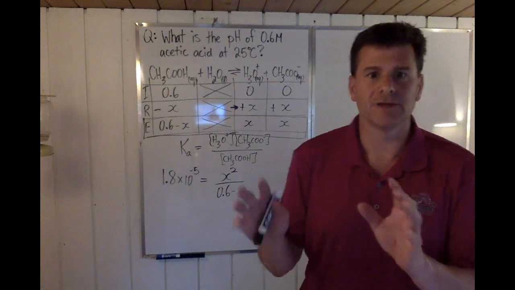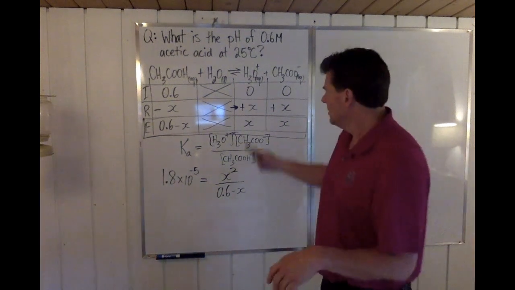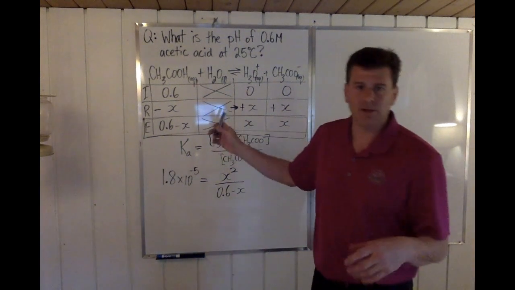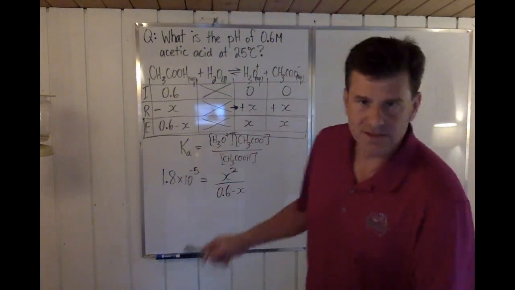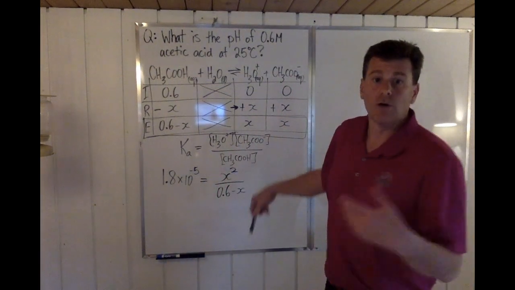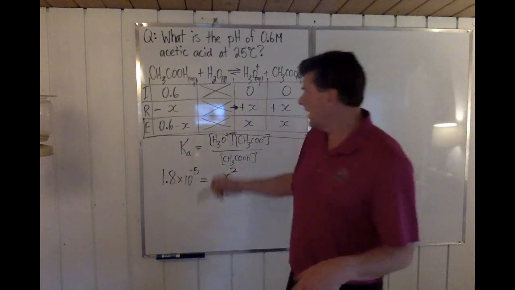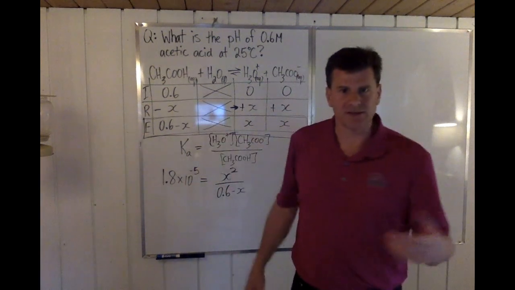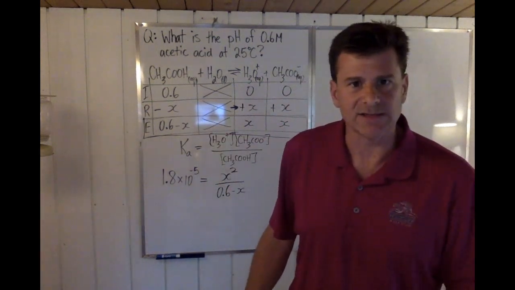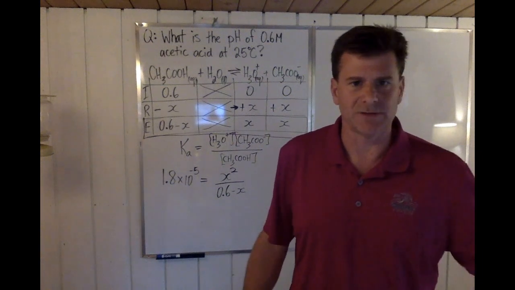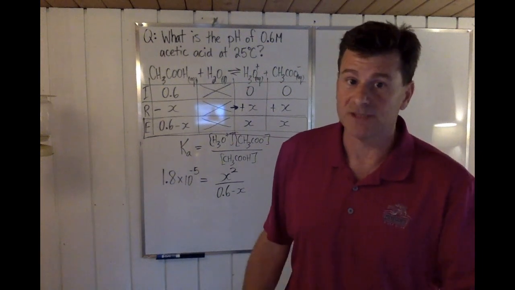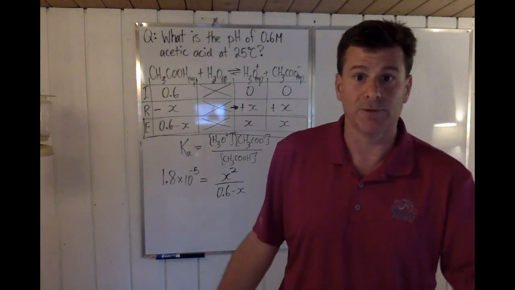And by work, I mean you'll put it back into the ICE table and you'll actually get numbers down here. Or you'll put it in and this will be a negative number. Like one of the answers will be 0.8, and so 0.6 minus 0.8 will come out to negative 0.2. Well, that's an impossibility in chemistry. You can't go below zero things.